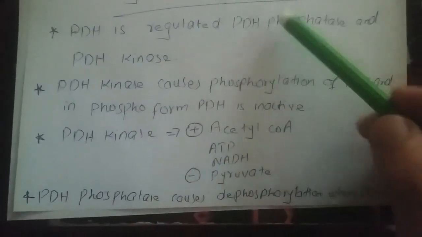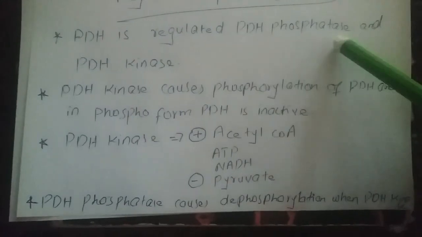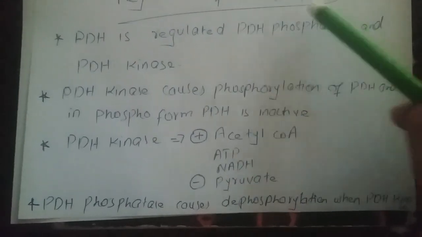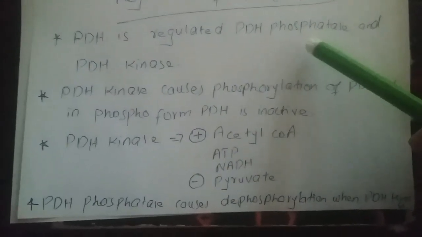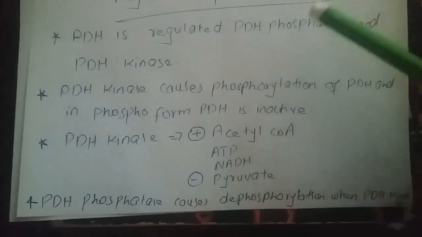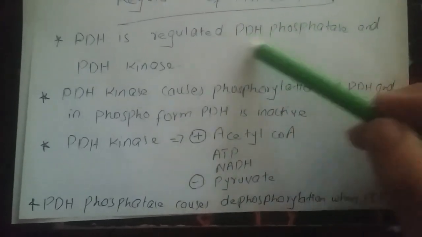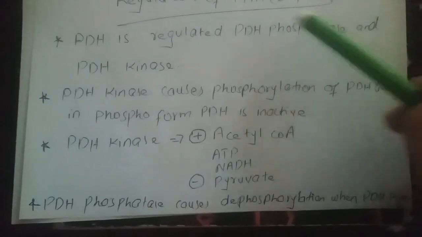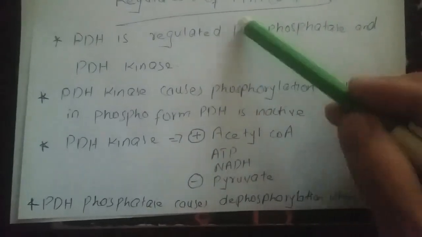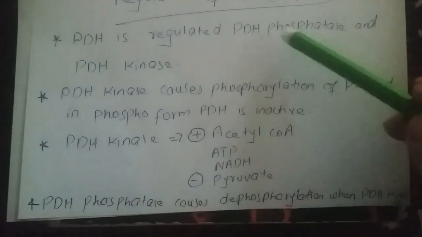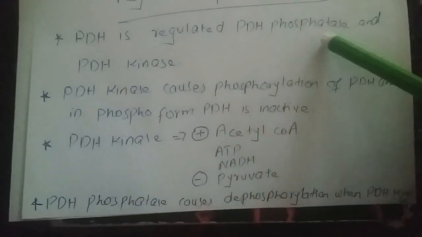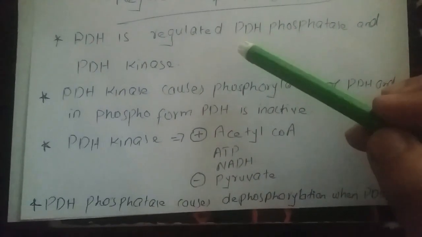Pyruvate dehydrogenase phosphatase: I told you in the previous lecture that phosphatases are enzymes which remove phosphate from any substrate or any enzyme. So it will remove phosphate from the pyruvate dehydrogenase enzyme. Don't confuse pyruvate dehydrogenase phosphatase with the pyruvate dehydrogenase enzyme.